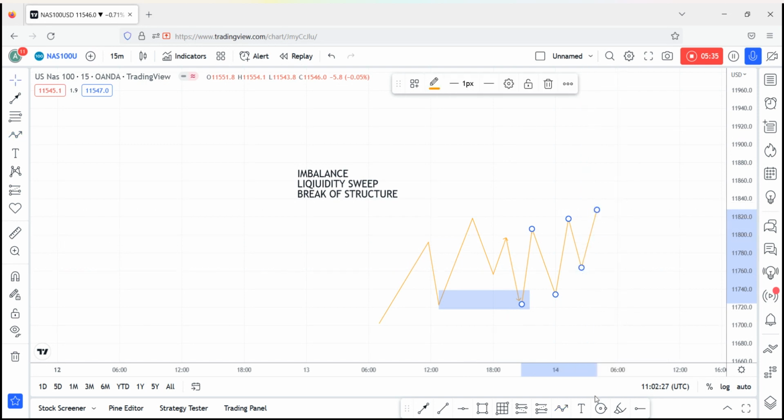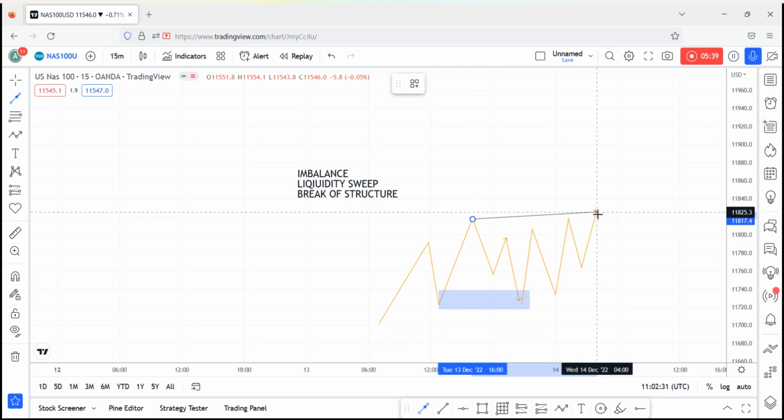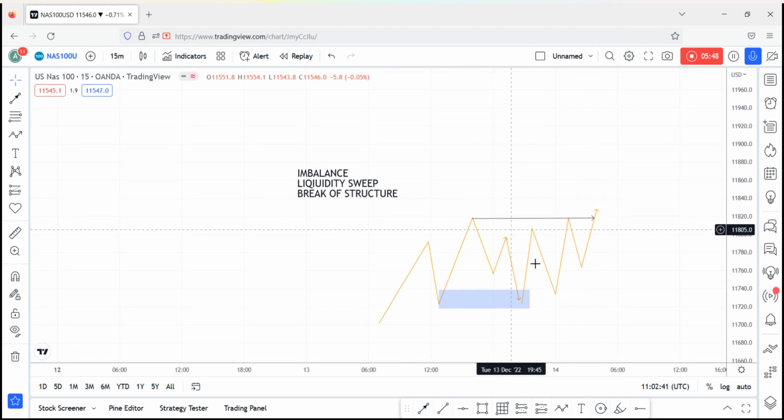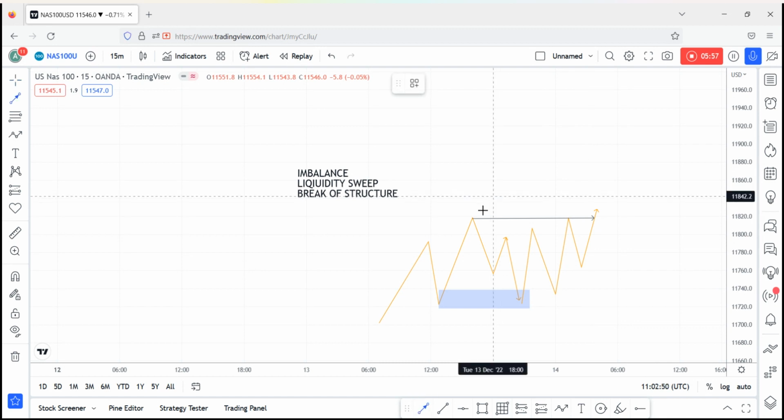But actually, this is your weak high, right? So until or unless this weak high gets tapped out, don't trade, right? Don't consider any zone as your break of structure. A break of structure will only be considered when this zone is tapped out, right? When this zone gets broken.